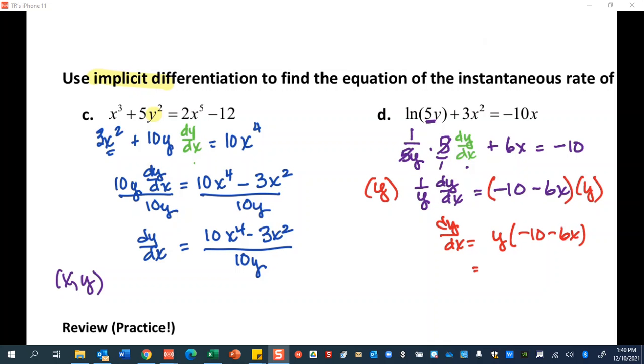If you want to, I just can't help it, my Algebra 1 days are coming back, where I say it's negative 6xy minus 10y. With your group mates, would you please talk about what it is that you need to remember from these two examples on your marker set talk?